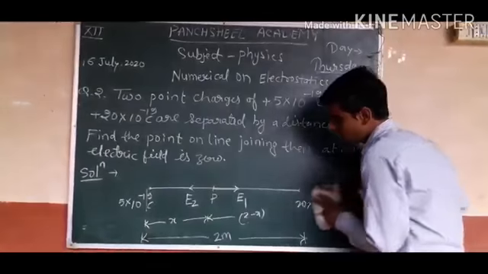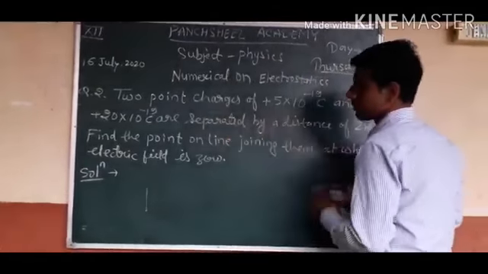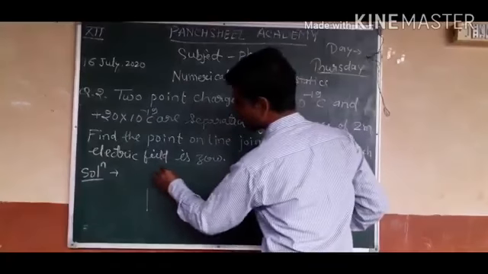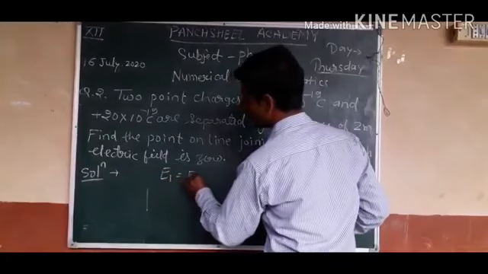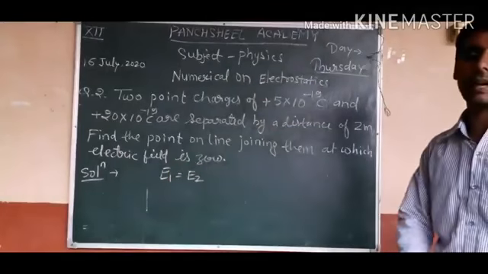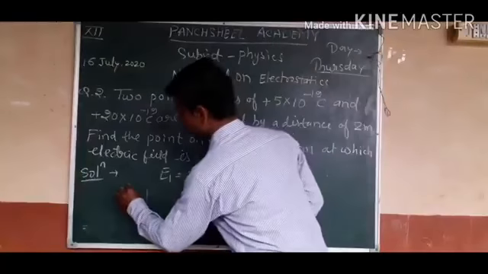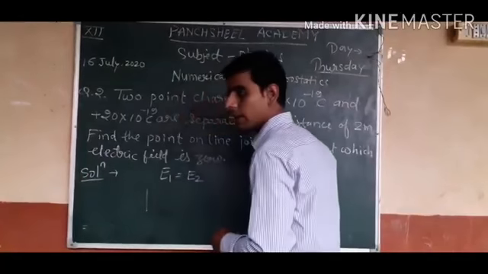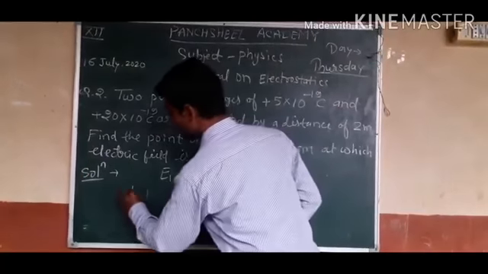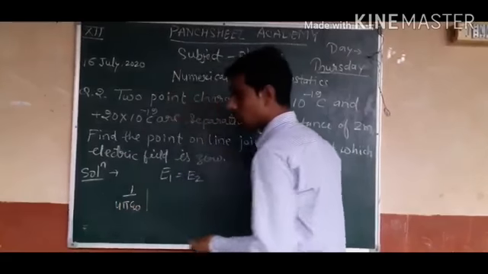What is the condition? The condition is E1 equal to E2, and what is the value of E1 and E2? So, what is the value of electric field? KQ by R square. So 1 upon 4 pi epsilon naught Q, what is the value of Q?